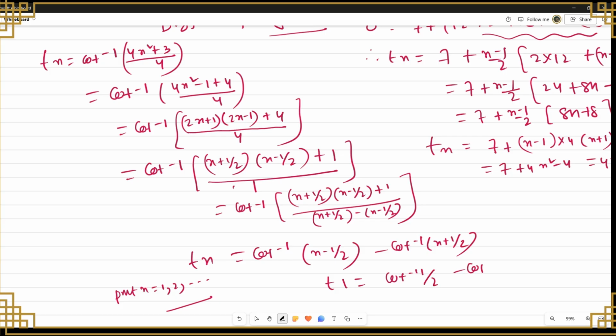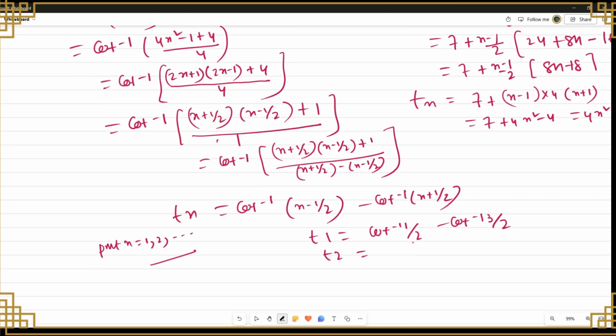What will you get? T1 is going to be cot inverse half, 3 by 2. T2 is going to be what? Cot inverse 5 by 2. And then this way Tn is cot inverse of n minus half.